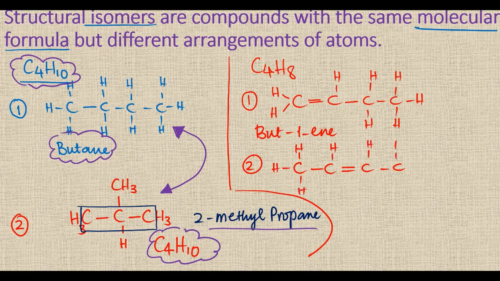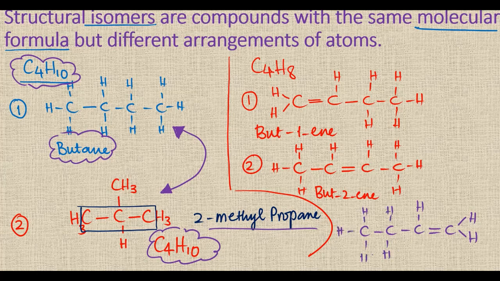If the double bond shifts to another position between carbon atom number 2 and carbon atom number 3, this compound is named but-2-ene. Now notice that students sometimes make a common mistake. They think that they will keep on shifting the double bond to the right, and they will keep on getting a new compound each time, but then they forget the general principle of IUPAC naming: whenever we select the longest possible chain, the next thing we should do is number the carbon atoms, beginning from that end of the straight chain which is closer to the functional group.